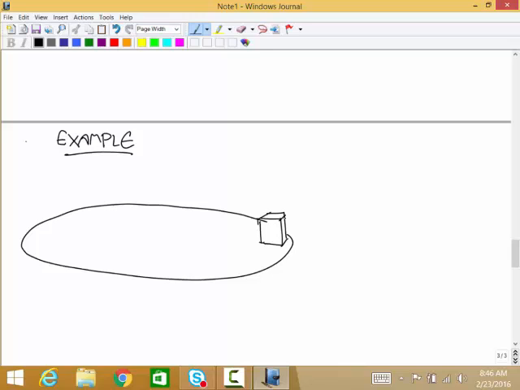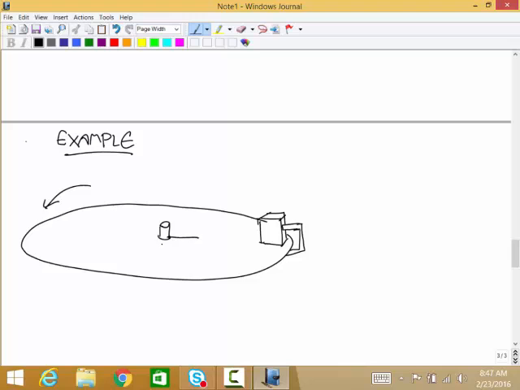And that box is being held in place by a little arm that's pushing on the back of it. As this rotates around this way.